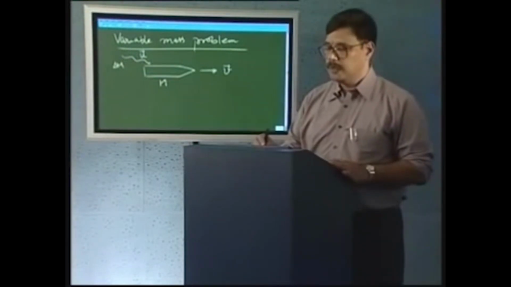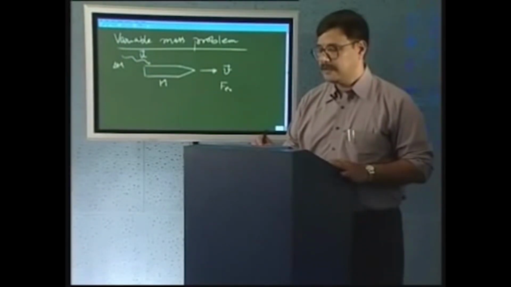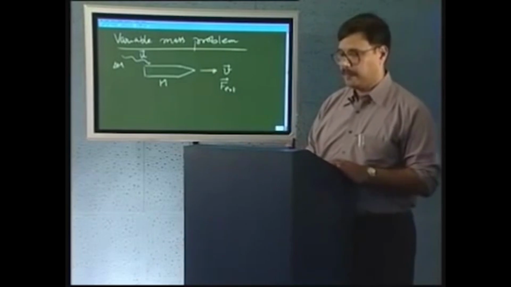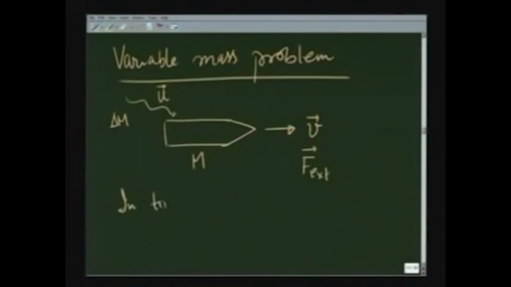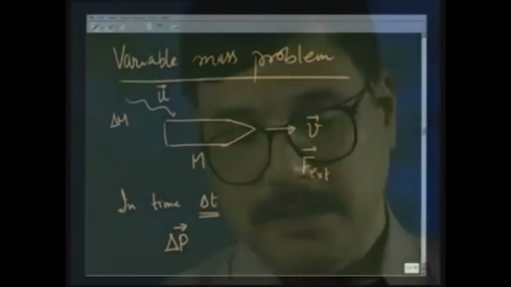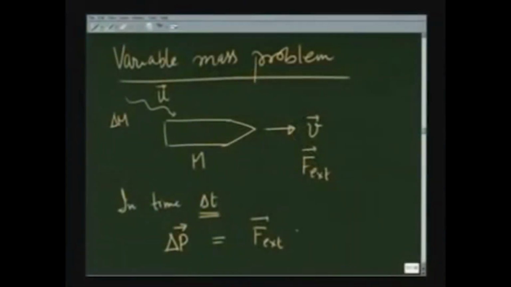So, let us assume there is a net external force F acting on the system. In time delta t, therefore, the momentum change of the entire system is going to be equal to F external times delta t. Let us see what the momentum change of the entire system is.